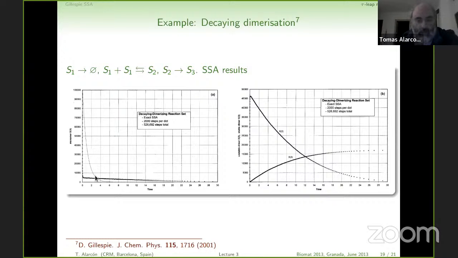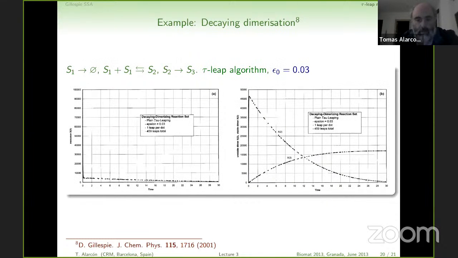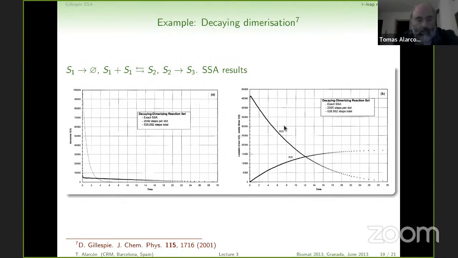Comparing with the exact SSA method, the comparison is okay. Sorry, this is the exact solution, so there is no approximation here.